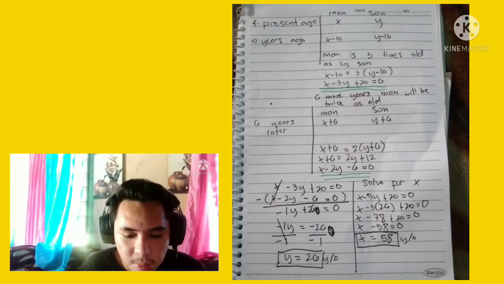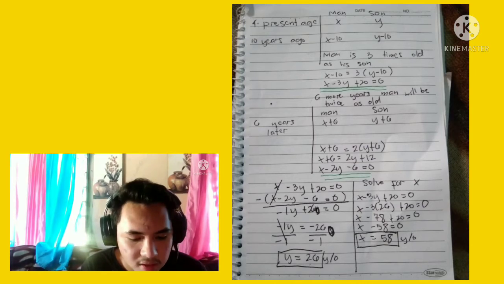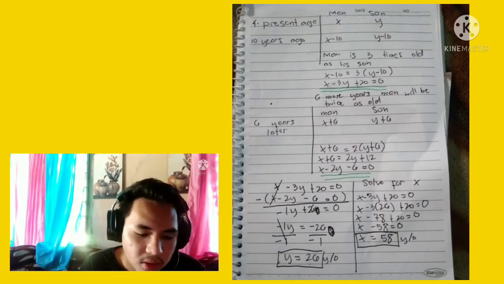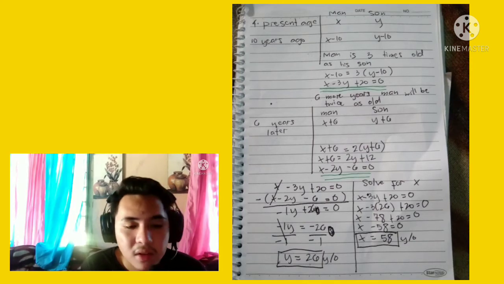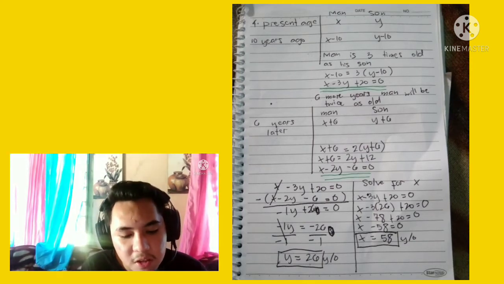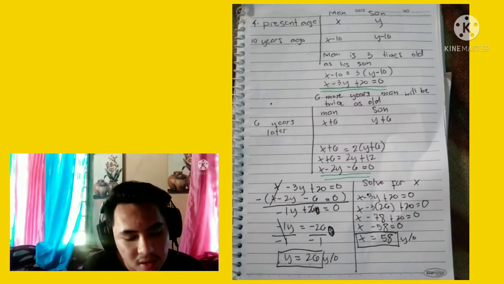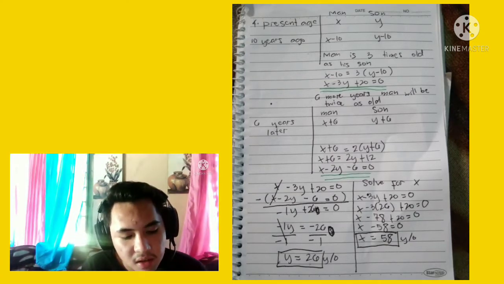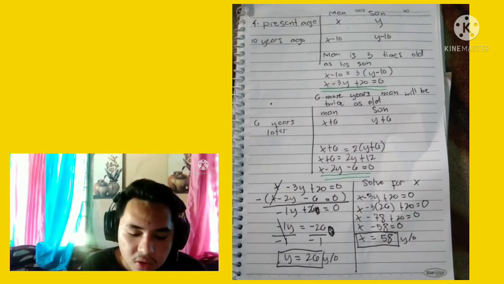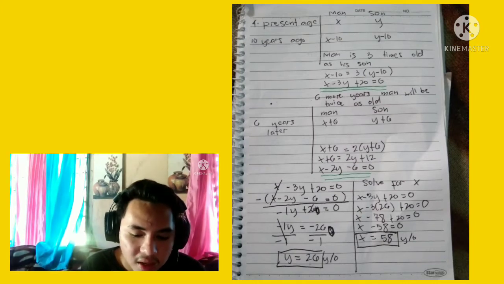So in 6 more years, the man will be twice as old as his son. So again, in 6 more years, we are going to put plus 6, because it is 6 years later. So the man will be x plus 6 and the son is going to be y plus 6.